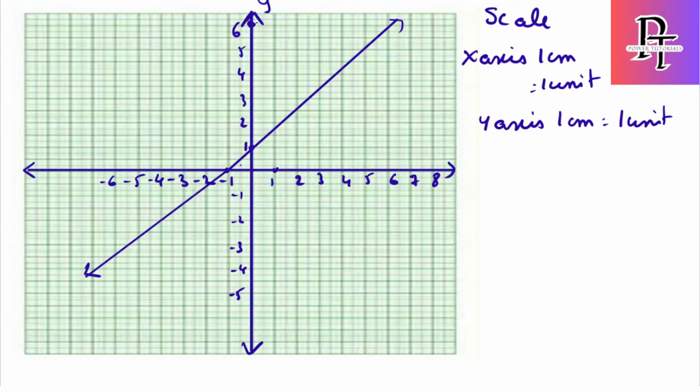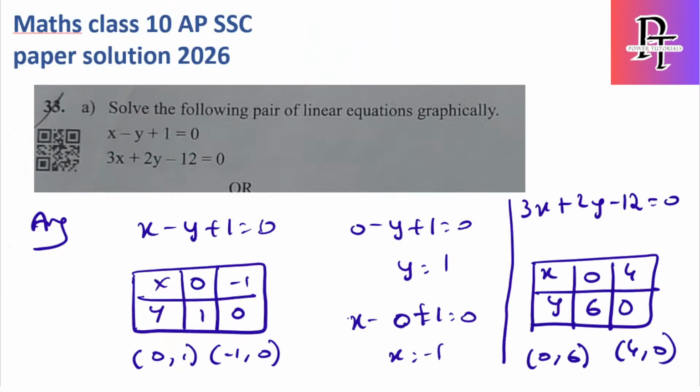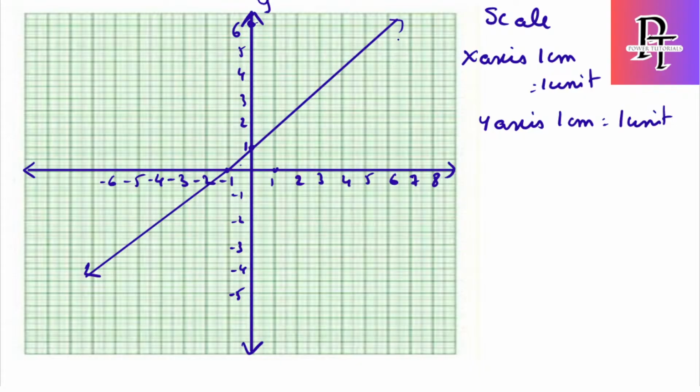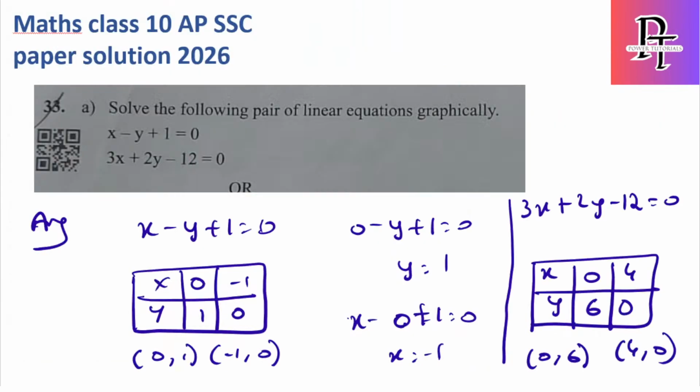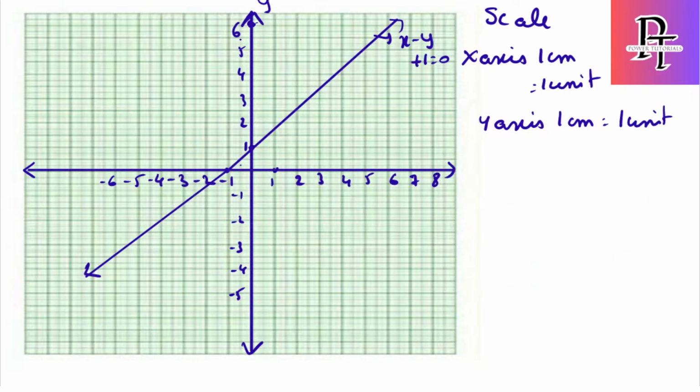Okay, so this is the first equation, which is x minus y plus 1 is equal to 0. Same with the second line, let's draw it. 0, 6, 4, 0. 0, 6 is here, 4, 0 is here.